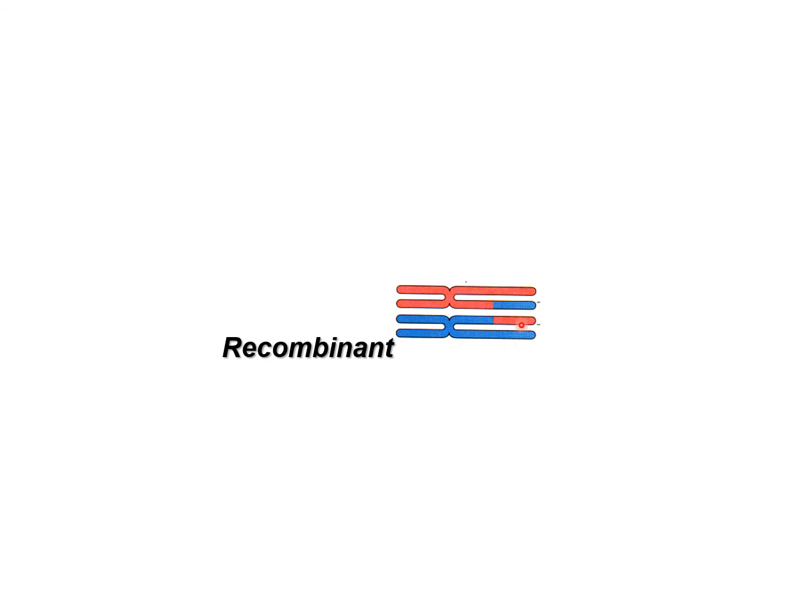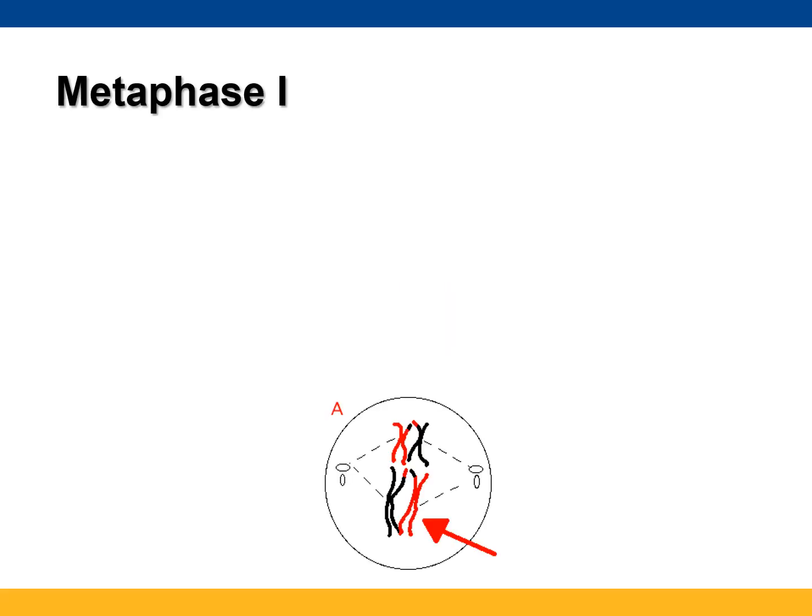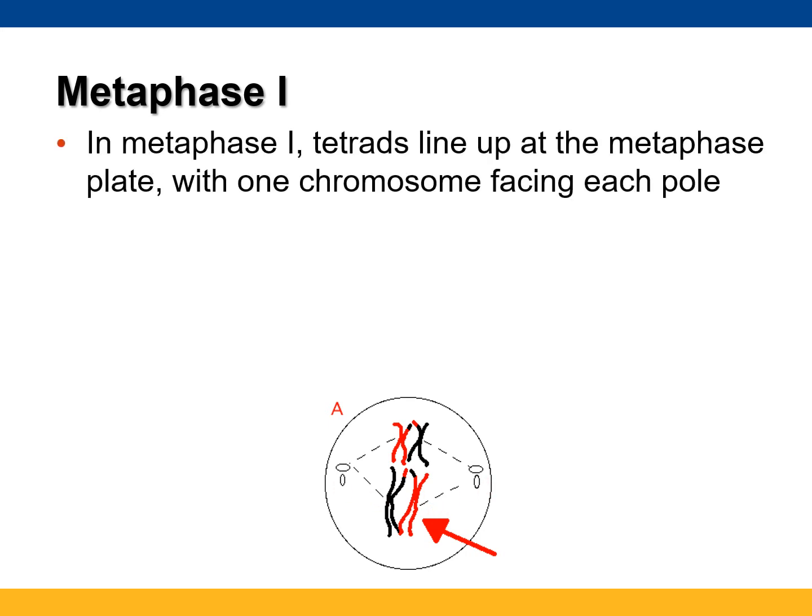So we now have recombinant DNA, and during metaphase 1, those tetrads will now separate to different poles, being asymmetric. So the tetrads line up on the metaphase plate, and each chromosome moves from one side to another.